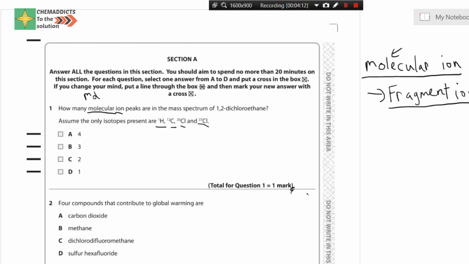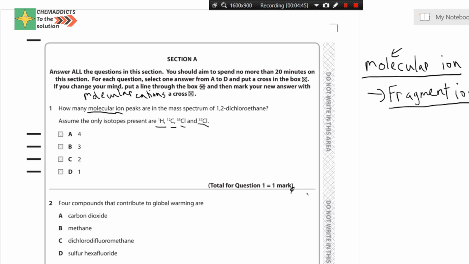Molecular cations are formed because an electron is removed from a molecule.